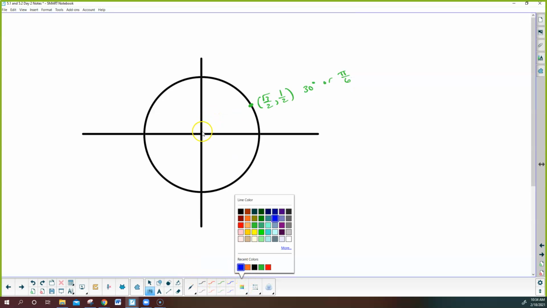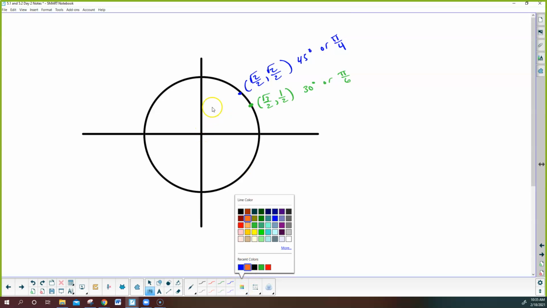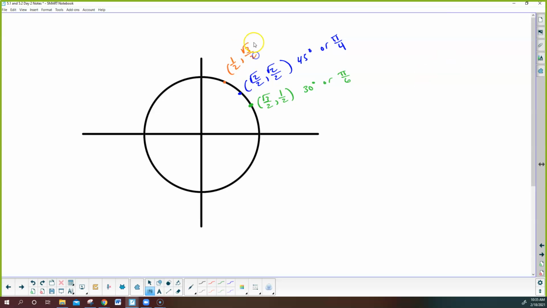If I go exactly halfway through that, we get square root 2 over 2, square root 2 over 2, which is 45 degrees or pi over 4. Pi over 4, not 6. And then the last one is if I go over half the distance here and then up the tall way, that's 1/2, square root 3 over 2, and that is 60 degrees or pi over 3.